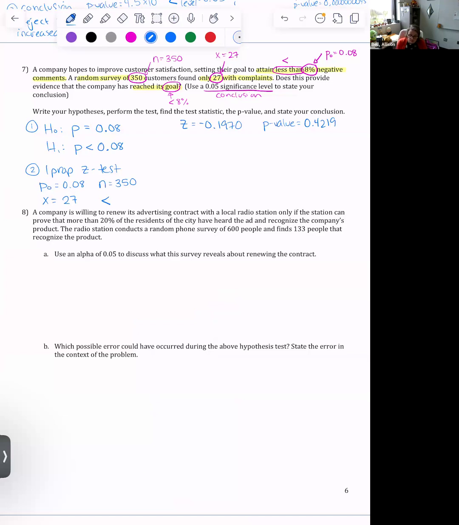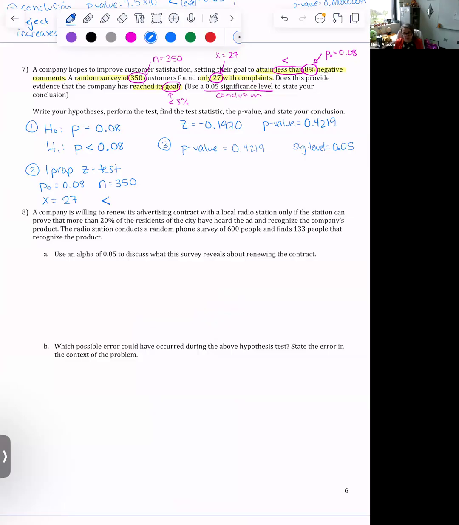Okay, now it's time for step 3, which is the conclusion. And we're going to compare that p-value of 0.4219 to the significance level that we were given, which is 0.05 or 5%. And now we literally want to compare the size of these. Remember, our last example was scientific notation, and our p-value was much smaller than our significance level.